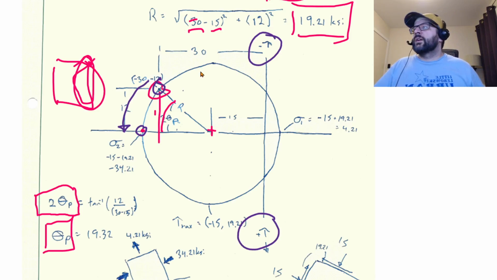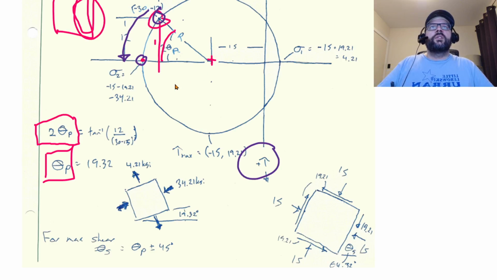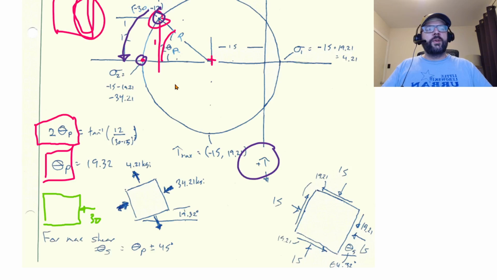So if we started out with negative 30 and a bit of shear on this face, and then we tilt it up a little bit, this face corresponds to this face when we tilt it up.